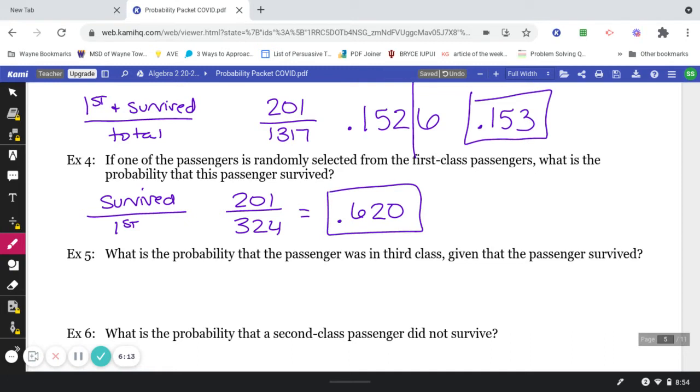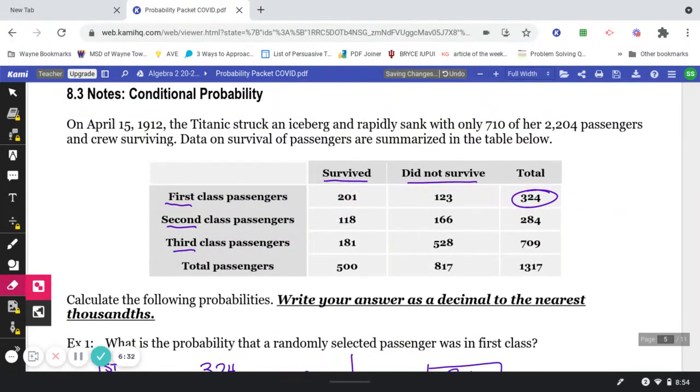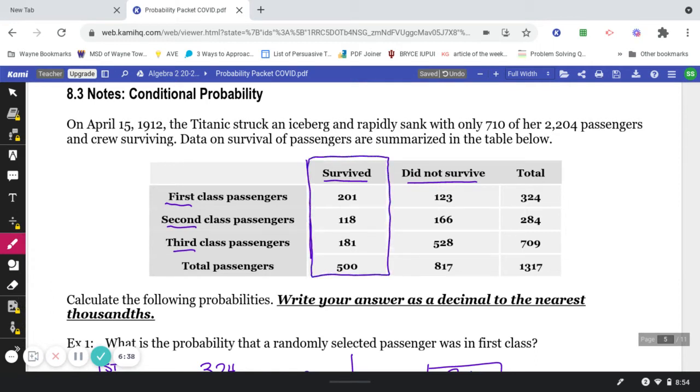Example 5, what is the probability that the passenger was in third class given that the passenger survived? So if they say given, that means only look at the passengers that survived. So only looking at the survived category. Only looking at this category.